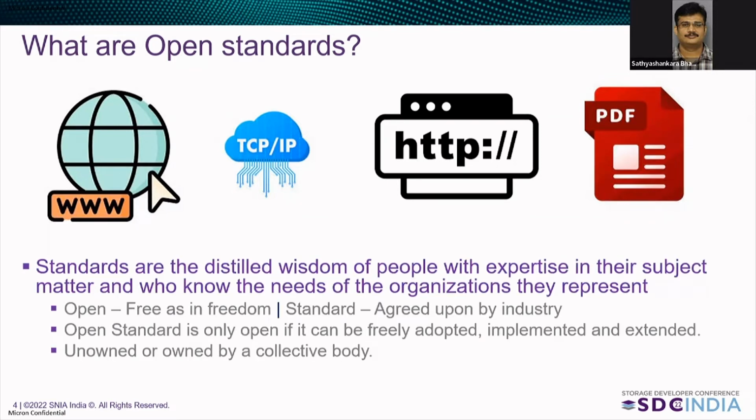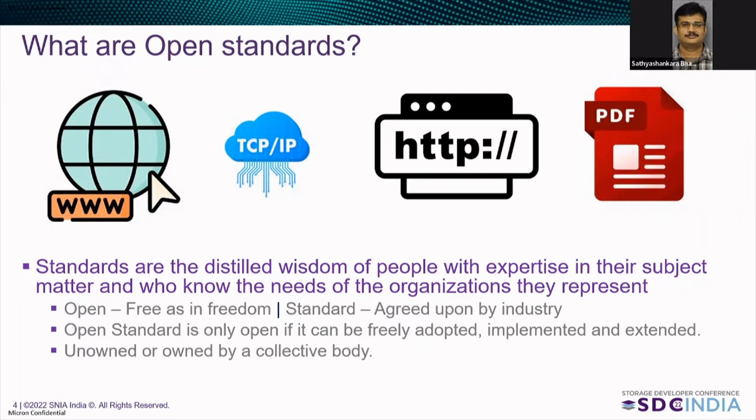Basically, standards are nothing but the distilled wisdom of highly competent subject matter experts from various organizations working together. The open in open standards is the ability to freely propose a set of guidelines through proposals and then get it ratified through an industry consortium to make it a standard. An open standard is open only if it is freely adopted, implemented, or extended, and no one organization or vendor owns it.